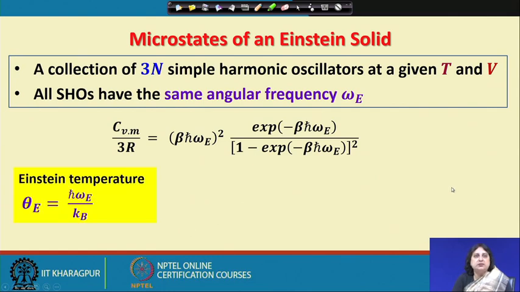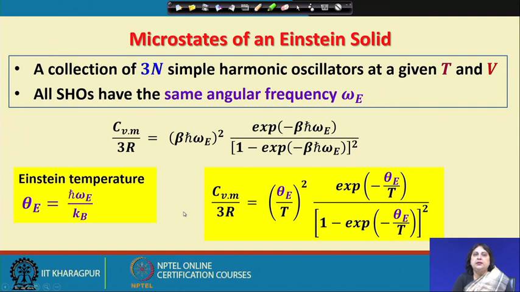Actually, it is more customary to introduce the Einstein temperature, which is nothing but the Einstein frequency multiplied by h cross divided by the Boltzmann constant, and in terms of the Einstein temperature, the specific heat turns out to be an expression like this.